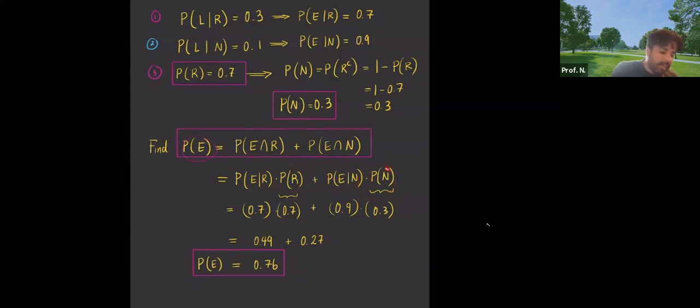Do you see how we have to include all these probabilities together just to figure out the probability that he does come early? So this is, again, the law of total probability.